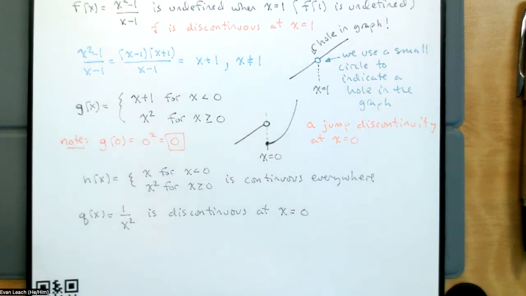Q of x equals 1 over x squared is discontinuous at x equals 0. It's undefined, and undefined in a very messy way. The value of 1 over x squared goes to infinity as x gets closer to 0.